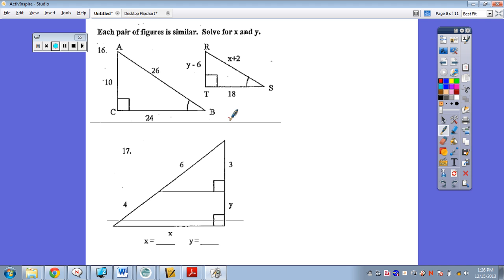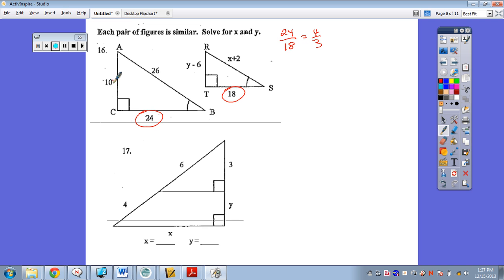If I'm looking at my two shapes, the only sides that actually have two numbers that go together are 24 and 18. That means my similarity ratio is 24 over 18. If I simplify that ratio, you get 4 over 3. So 4 over 3 is your similarity ratio.